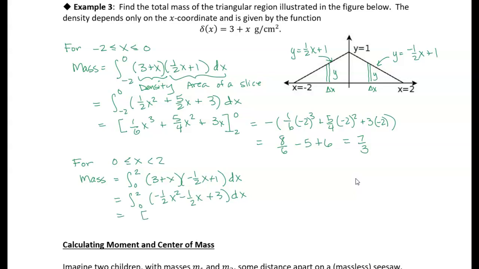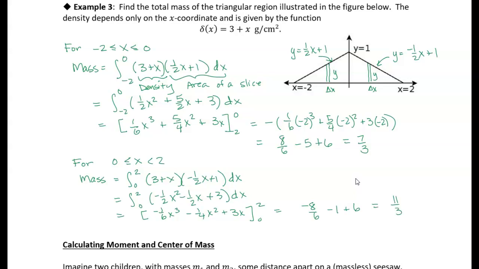I'm going to get -1/6 x cubed minus 1/4 x squared plus 3x evaluated from 0 to 2. Then I can plug in the 2, and that gives me -8/6 minus 1 plus 6. I add that all together and I'll get 11/3.